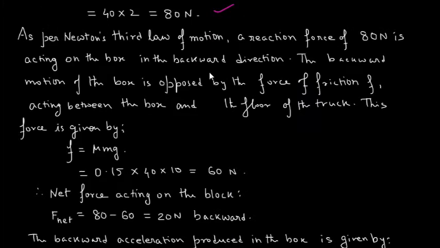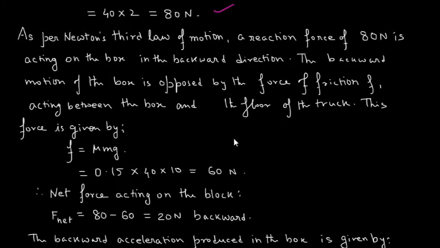As per Newton's third law of motion, a reaction force of 80 Newton is acting on the box in the backward direction. The backward motion of the box is opposed by the force of friction F acting between the box and the floor of the truck.